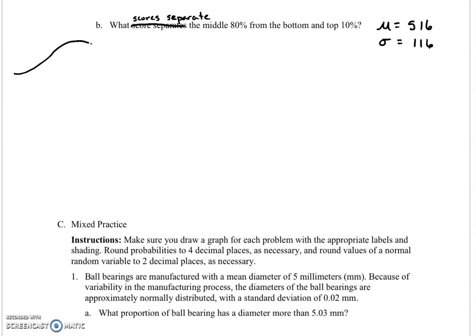So here's what we have. Our mean is here, and we have one x value here, we'll call it x1, and a second x value here that we'll call x2. And we know that between them is 80%.